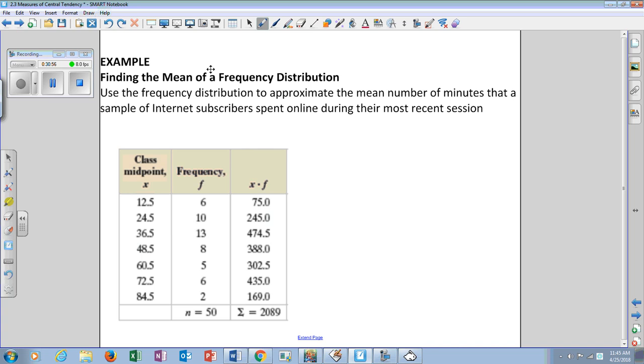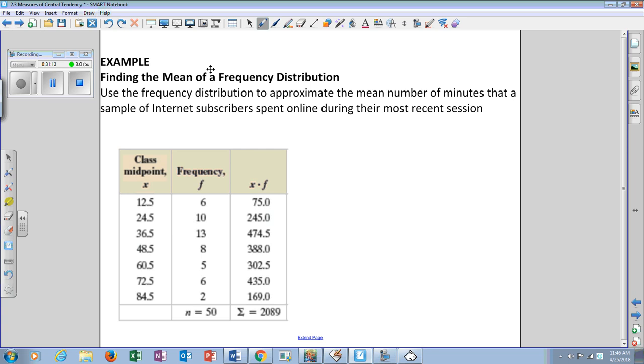Finding the mean of a frequency distribution: use the frequency distribution to approximate the mean number of minutes that a sample of internet subscribers spent online during their most recent session. So I've already done the x times f for you, and you already know that the frequency is 50.